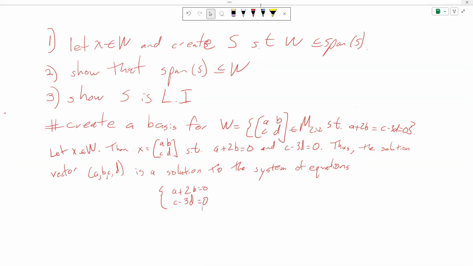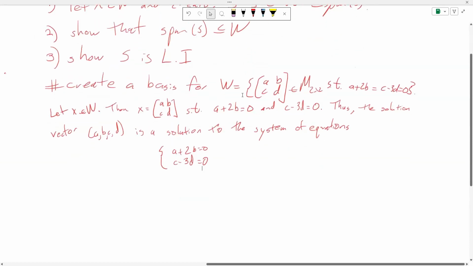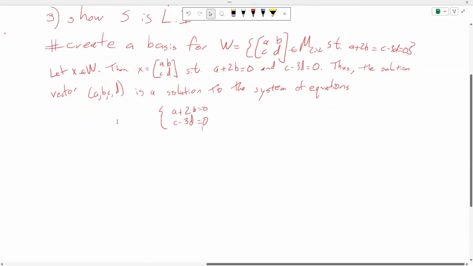My solution vectors to this system of equations aren't the vectors in W, but they can be used to create the vectors in W. You see how the solution vector is just a vector (a, b, c, d), and it represents the entries of the matrix a, b, c, d.